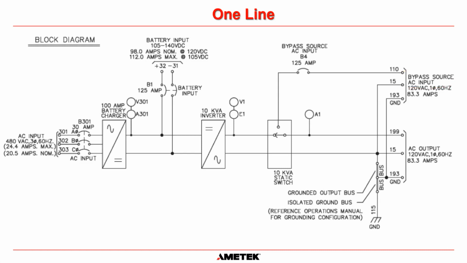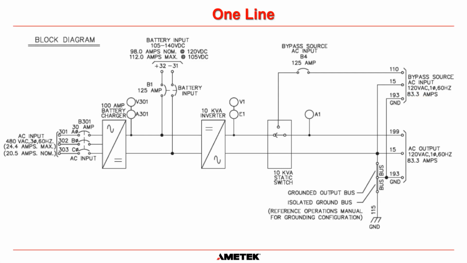We do have a ground connection here, so you're going to run 2-wire and ground. 15 is going to be the neutral, 110 is going to be the hot, and the current is going to be 83.3 amps for this particular system, which is a 10 kVA system. So you have to pay attention to what this current is to size your cables from your bypass supply.